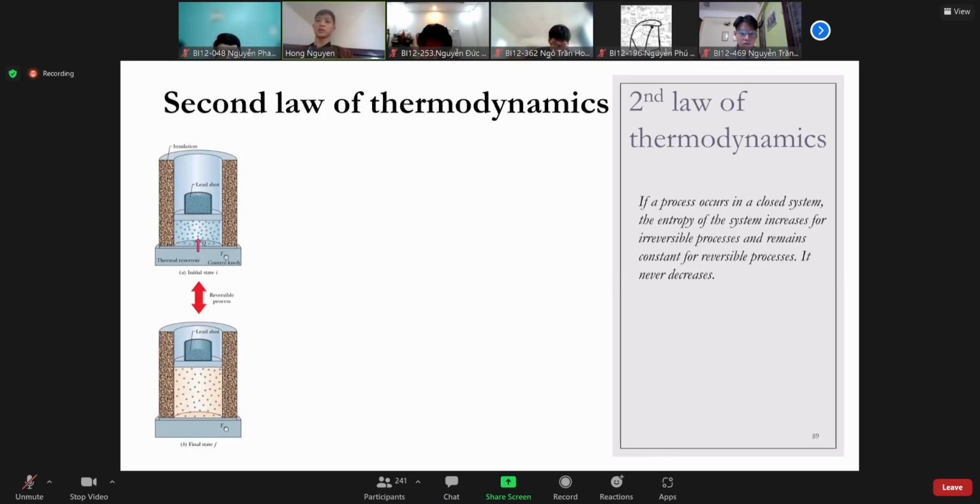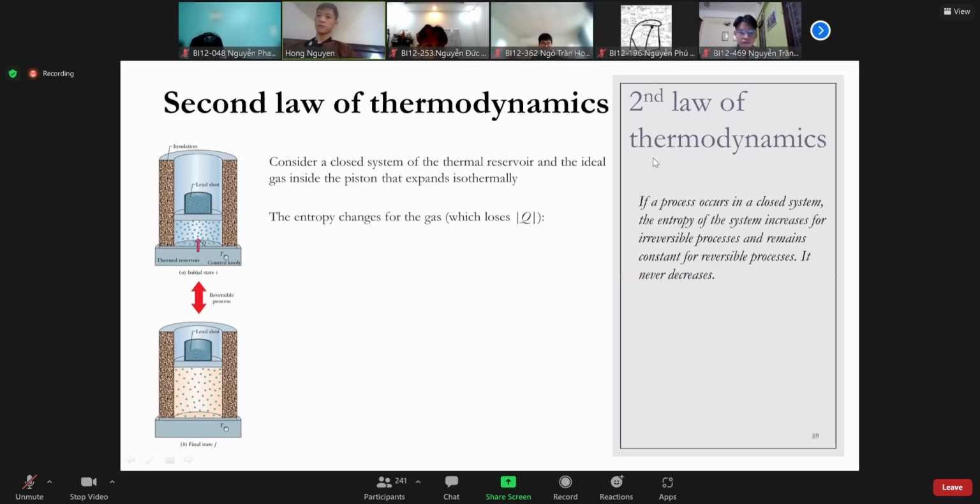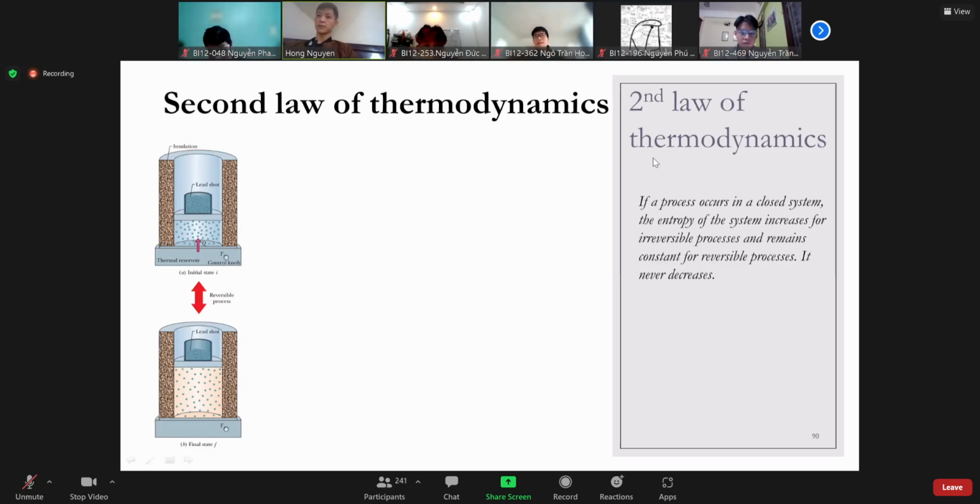Remember what is a closed system? I explained to you in the very first slide: open system, isolated system, and closed system. If you do not remember, please take a look at it.